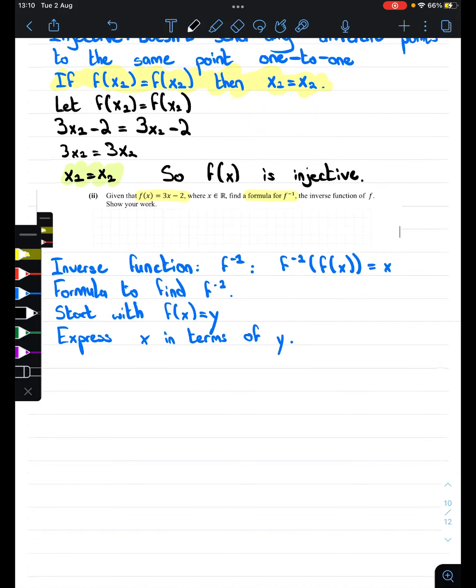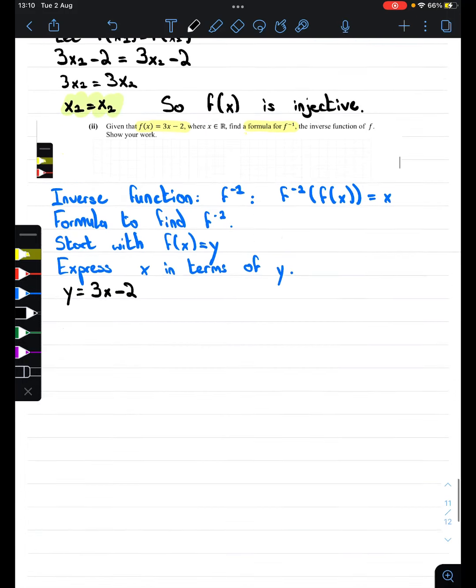So f of x, or y, equals 3x minus 2. Okay, and now we want to express x in terms of y. Well, we want to isolate x, so y plus 2 equals 3x. So x equals y plus 2 all over 3.